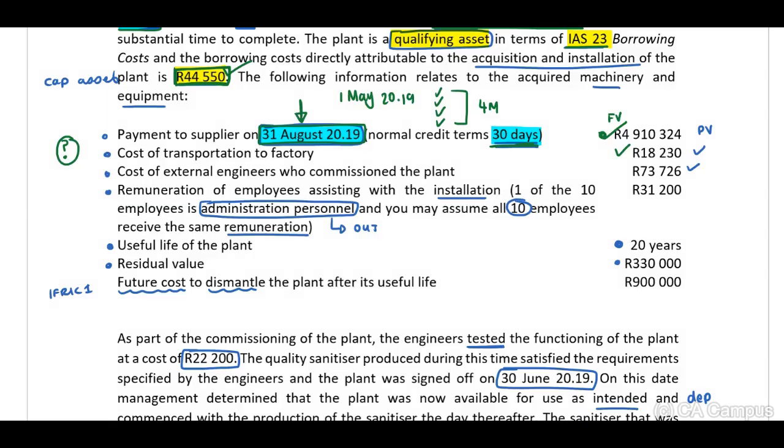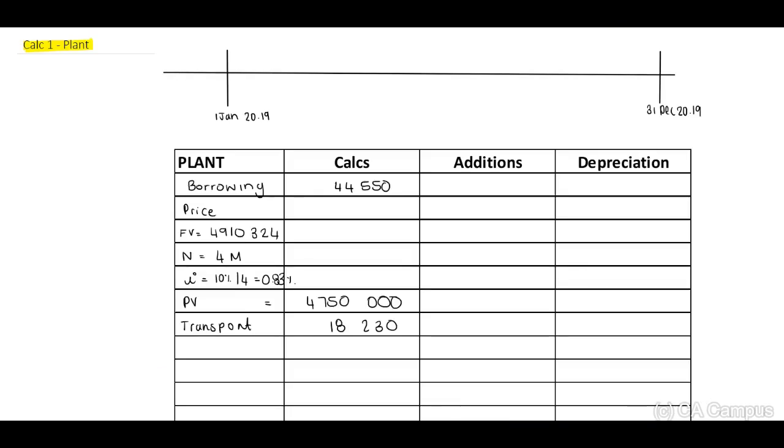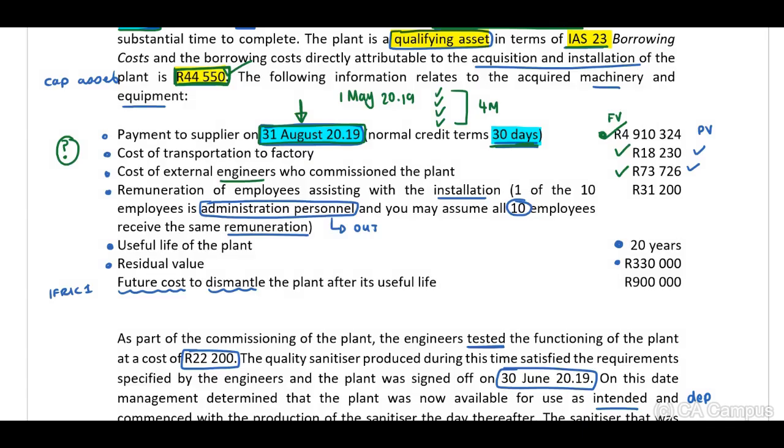We have used this. Next, cost of external engineers, 73,726. Yes, this should be included. And we need to transfer this. And this is our costs in terms of our engineers. 73,726, we've ticked it off. We have remuneration of the employees assisting with the installation. 1 of the 10 employees is administration personnel, and you may assume that all 10 receive the same remuneration, therefore 33,200.